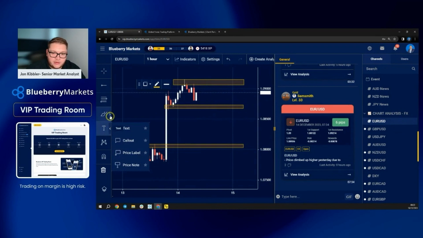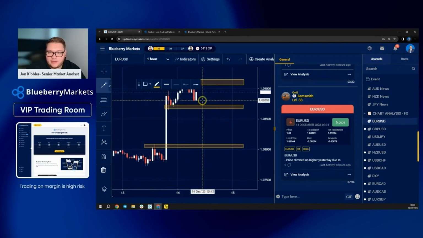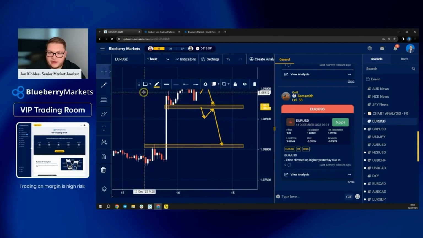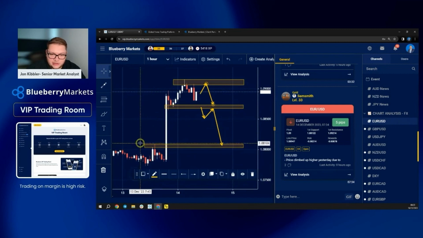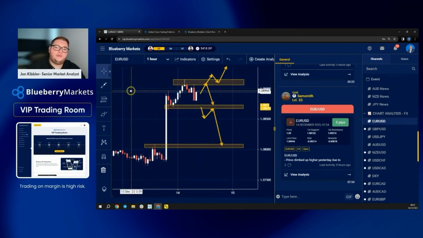So I'm just going to go over to horizontal ray, grab the arrow tool, and do a couple of arrows like this in line with this analysis and say that if price was to breach this level of resistance, then it could continue to trade lower. And I'm just going to add some alternative scenarios on here as well. If we breach this high to the upside, then it's likely that we're going to see a continuation higher.